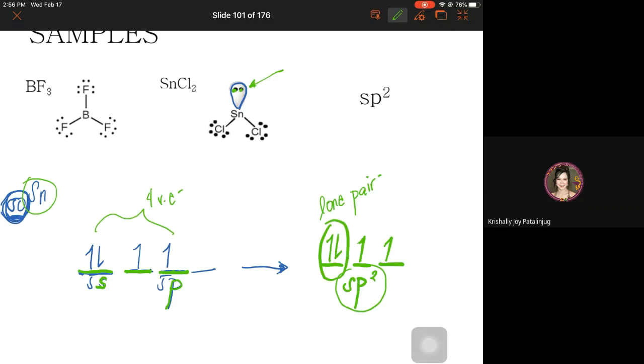The other half-filled sp2 orbitals each overlap with the 3p orbital of each chlorine atom. This one half-filled orbital overlaps with the orbital of one chlorine, and this other orbital overlaps with the orbital of another chlorine, forming these 2 covalent bonds.